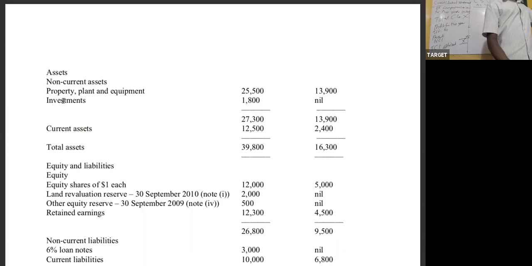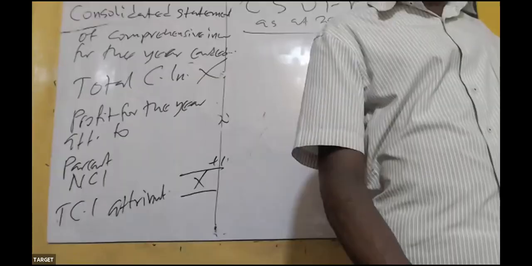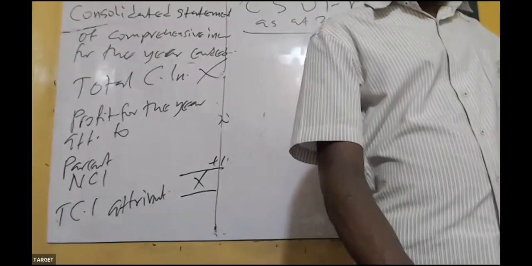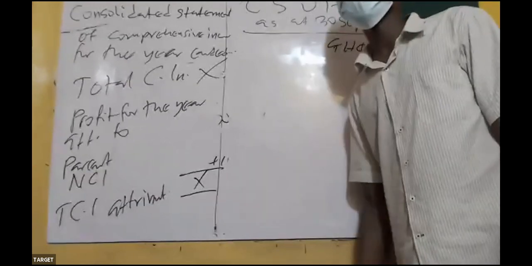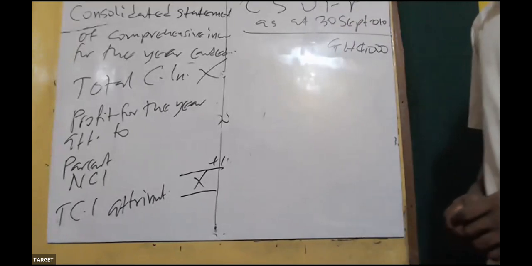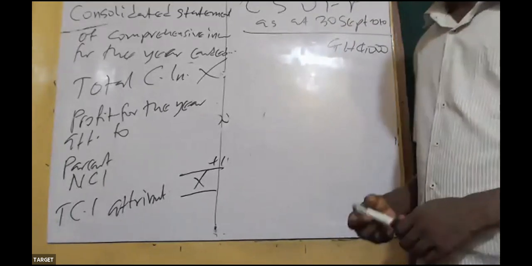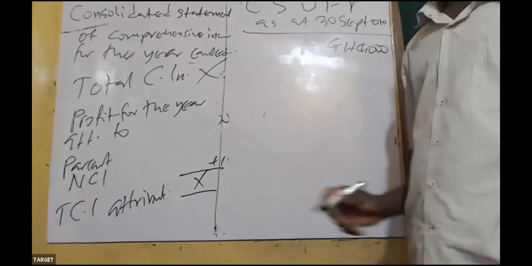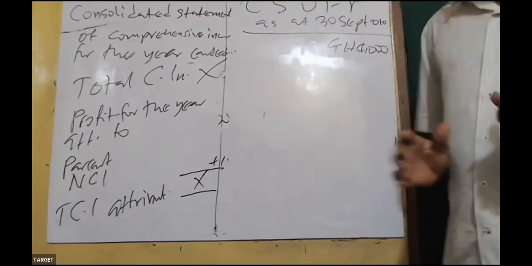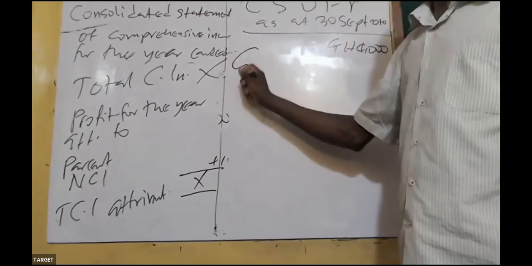Then go to investment. Now, when you see investment, there's a difference between investment and investment in subsidiary. After you have listed all the items, you bring the goodwill. Either goodwill is first, or last. If you know that you will not remember goodwill, then let your goodwill be the first item on the list.